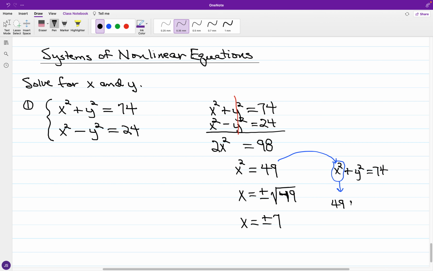So we have 49 plus y squared is equal to 74, and if I take 49 away from both sides, y squared is equal to 25.